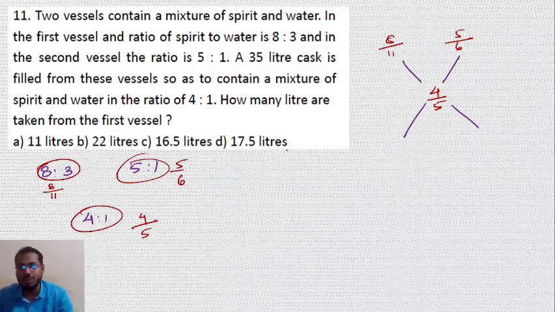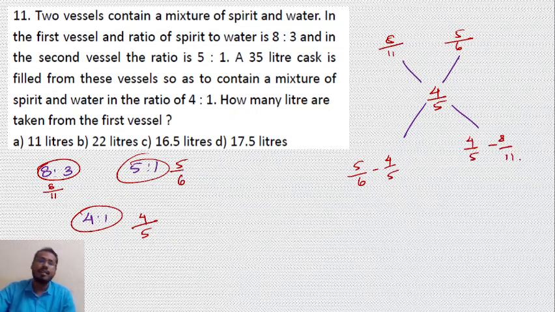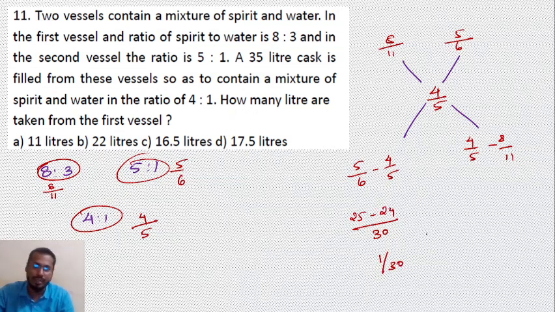Now, as usual, what we need to do? 5 over 6 minus 4 over 5, and here 4 over 5 minus 8 over 11. Just simplify this and you will get the right answer. For 6 and 5, the LCM is 30. 5 times 5 is 25, and 4 times 6 is 24. So here it will be 1 over 30.